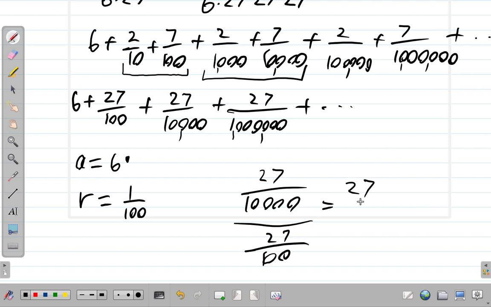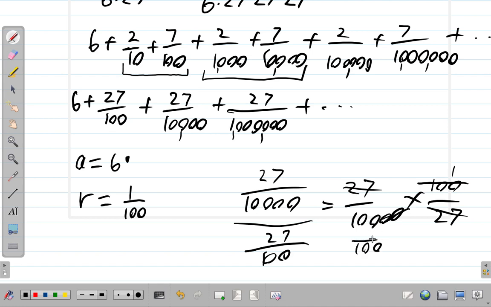This becomes 27 over 10,000 times 100 over 27. Cancel the 27. 100 into 100 goes one time. 100 into 10,000 goes 100 times. So this is 1 over 100. Good. We verified it.